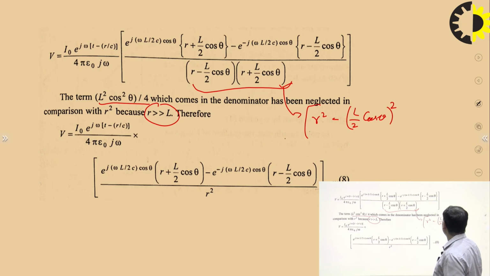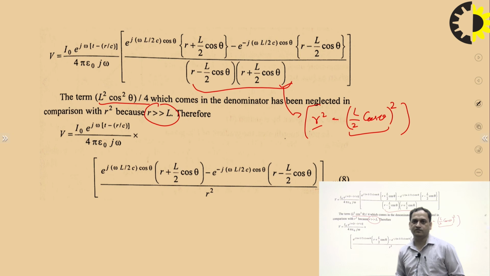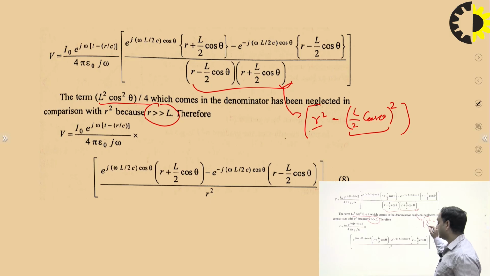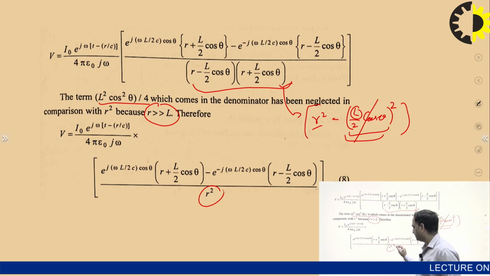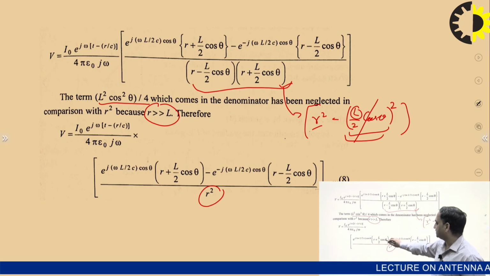When we compare this with R square, we know that R is the distance at which we want to find the electric field intensity, and that value of R is very far compared to the length of the dipole. So we can neglect this one, because the maximum value of cos theta is 1, so this whole value is very small compared to R. That is why we have simply taken R square here. The rest of the things are the same; we are not changing them.